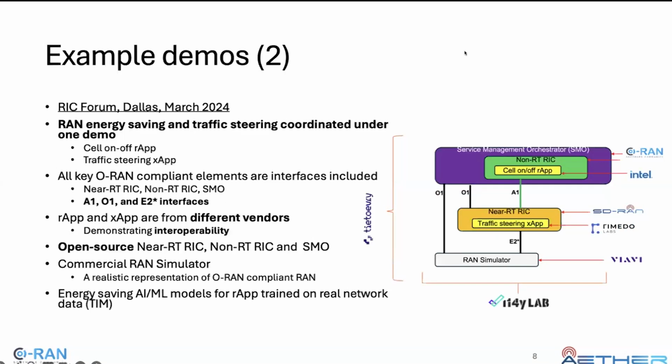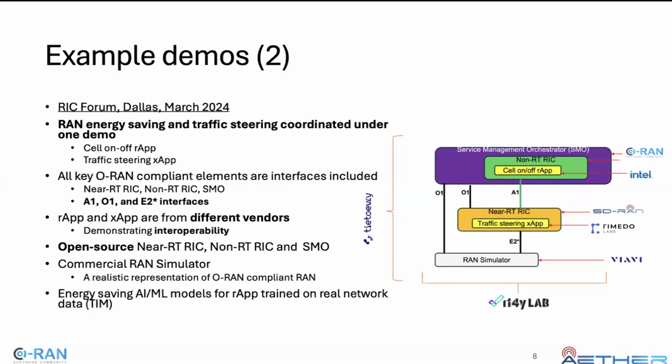And then this demo evolved. So in March 2024 in RIC Forum, we had the energy savings RAP now coming from Intel, which was a powerful RAP using an AI/ML model, which was trained on real network data, which came from Telecom Italia. It's an open source data set.